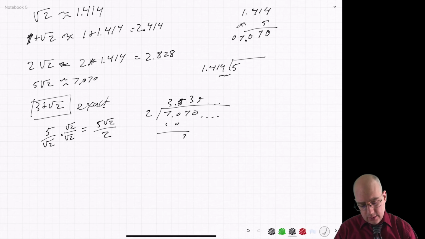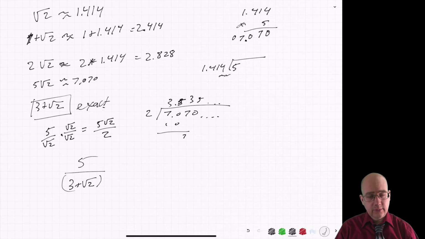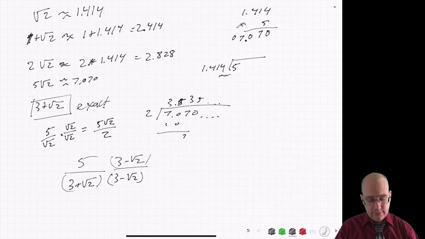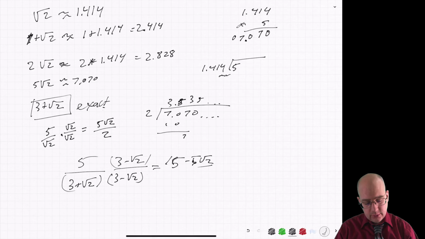The other thing that I love to torture people with is, let's say you were dividing 5 by 3 plus square root 2. Okay, that's kind of a mess. And this is still going to be a mess, but you multiply by the conjugate of it, 3 minus root 2. So this is 15 minus 5 root 2, all divided by, and when you multiply this out, this is the magic of it.